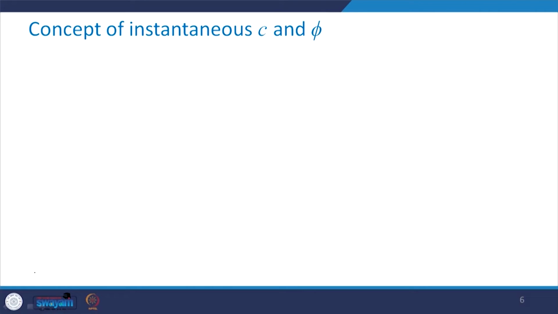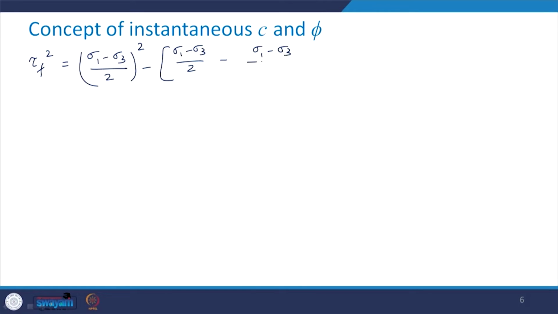So further simplify this equation. What we are going to get is tau f square equal to (sigma 1 minus sigma 3) whole square minus ((sigma 1 minus sigma 3) upon 2 minus (sigma 1 minus sigma 3) upon (del sigma 1 del sigma 3 plus 1)) and the whole square of this.